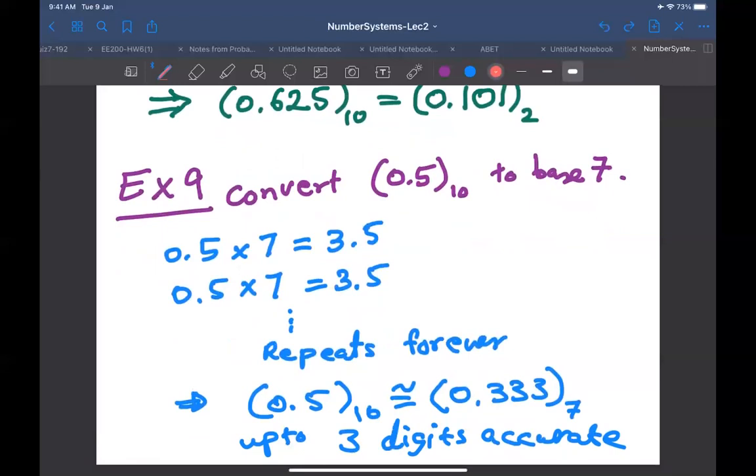Otherwise, you can say 0.5 in decimal is equal to 0.3, and then you put a bar on top of the 3 to indicate that it is repeating, in base 7. Is that clear?